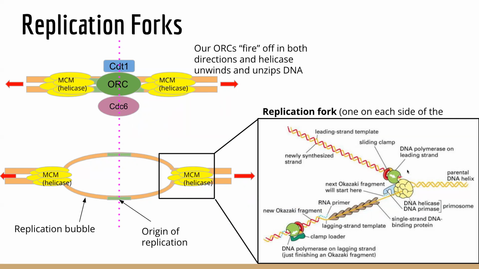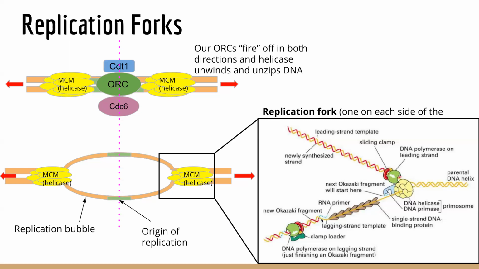So you have different proteins, like the sliding clamp, like we talked about, which has to be holding on to DNA polymerase in both directions. This is the leading strand, so it's just continuously being synthesized. And then the RNA primers right here are in the lagging strand.